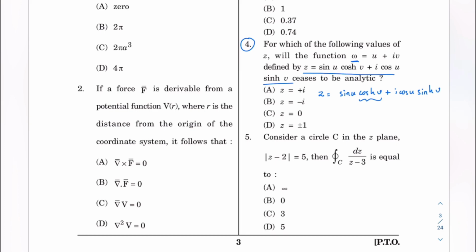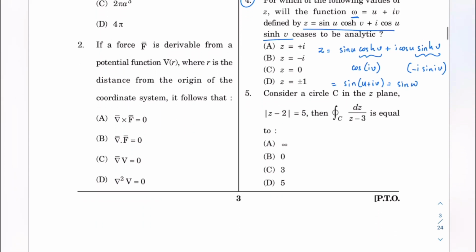So this cos hyperbolic v we can write as cos of i v, and this sine hyperbolic v can be written as i sine of i v. So we can use the sine rule to write it as sine u plus i v, and this is equal to sine of w.